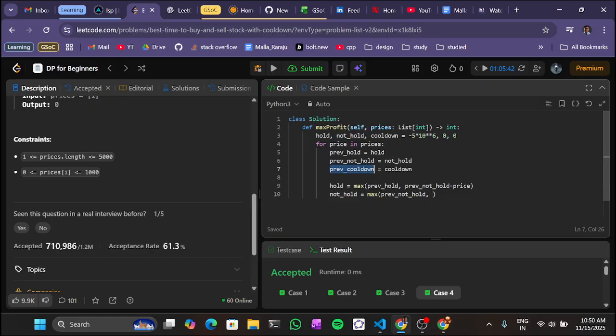That means the previous cooldown amount plus. So this first part is skipping for sure.